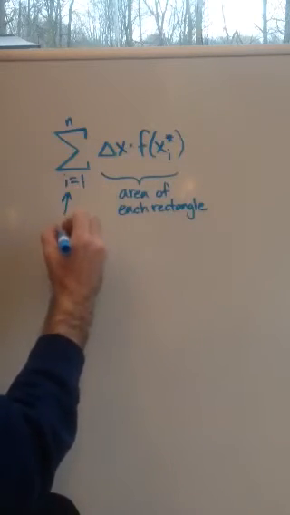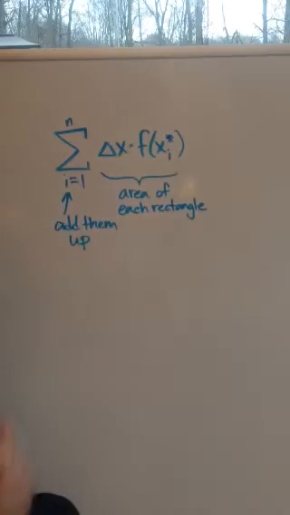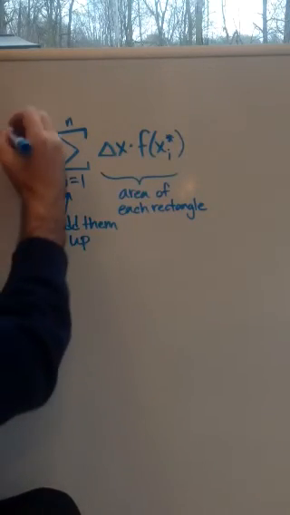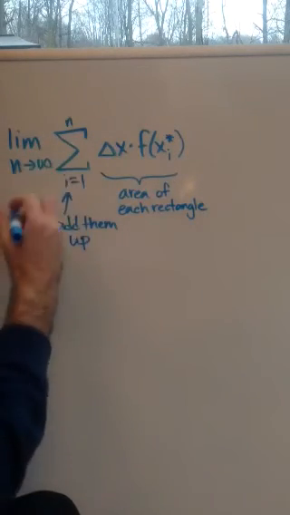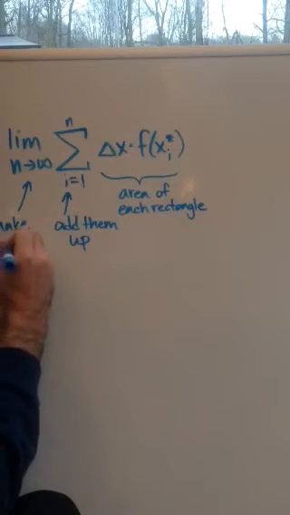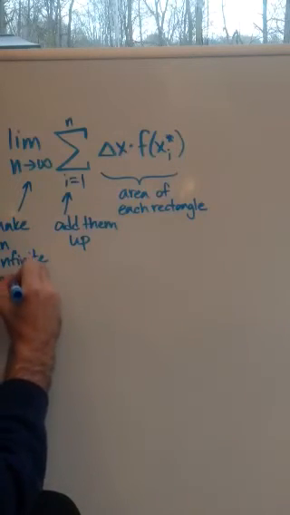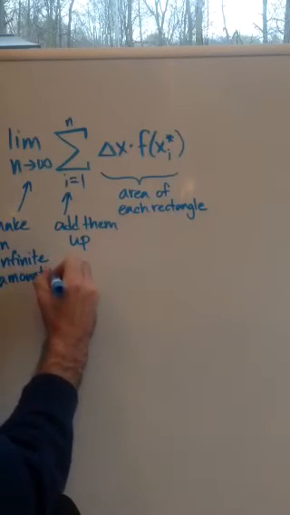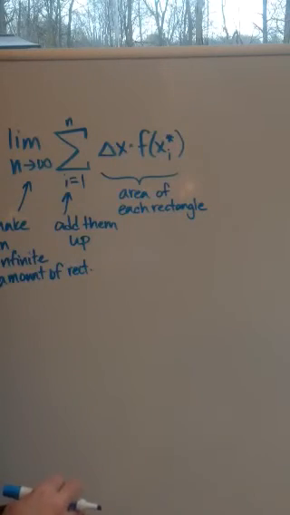This is telling us to add them up. And then out front of this, we want to do the limit as n goes to infinity. It's telling us, hey, let's make an infinite amount of rectangles. We can't do that, right? That's just nonsensical. But we can look at the limit of what would happen as we go there.